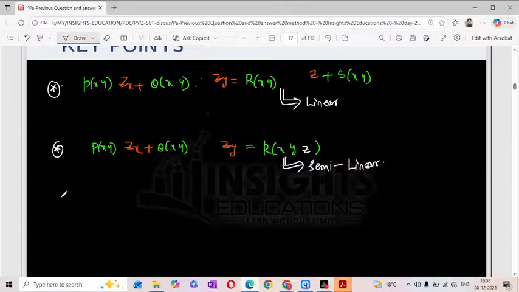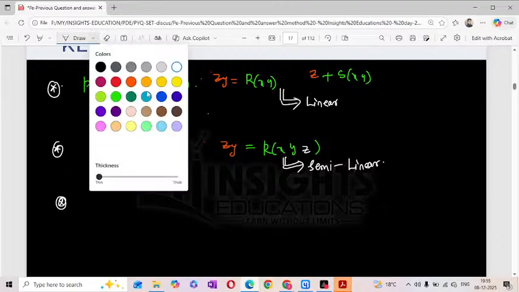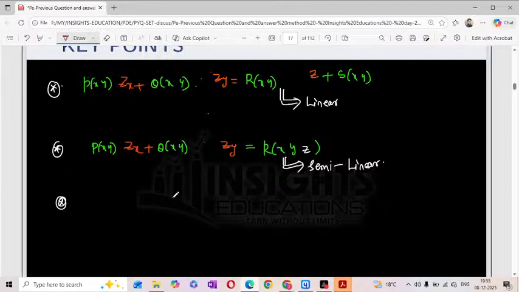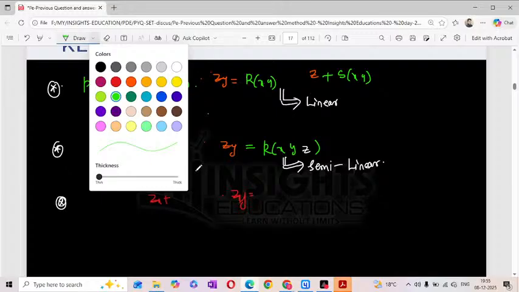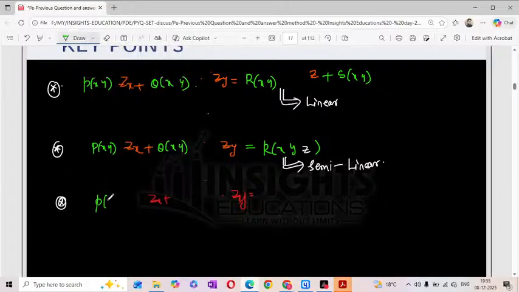Similarly, the third situation. Observe here zx, zy, there is no product of zx and zy, and the coefficients are functions of x, y.